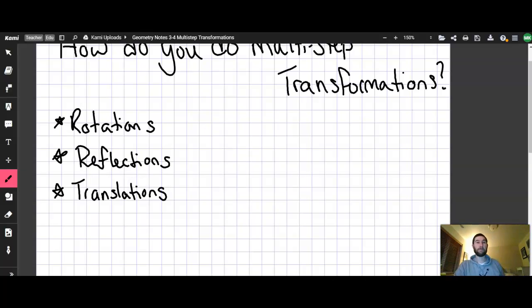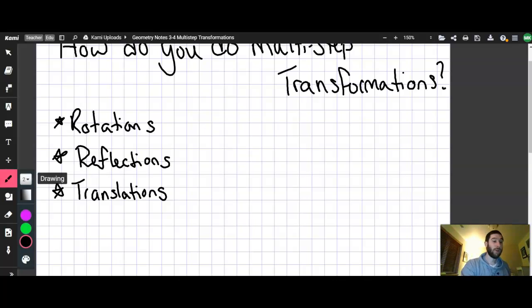So, ladies and gentlemen, if any of these three you feel uncertain or have questions about, then please immediately make it your priority to go back to that module and practice it, rework it, email me questions, because in order for this week to make sense, you're going to need to do all of those three, primarily reflections and translations.